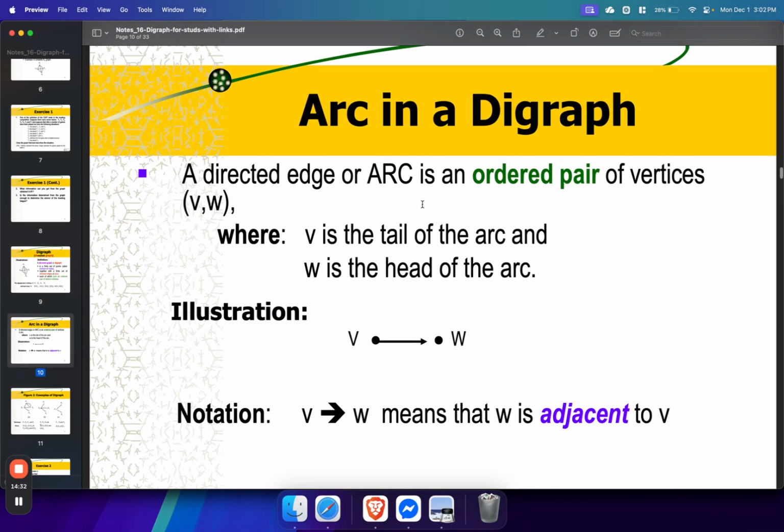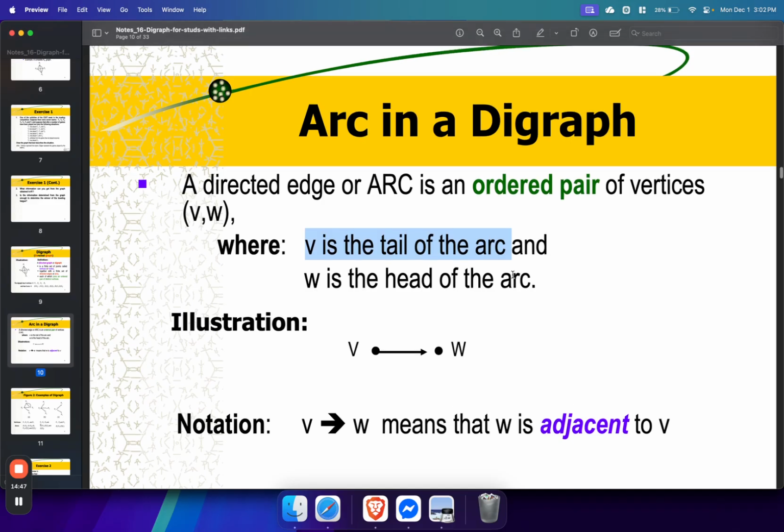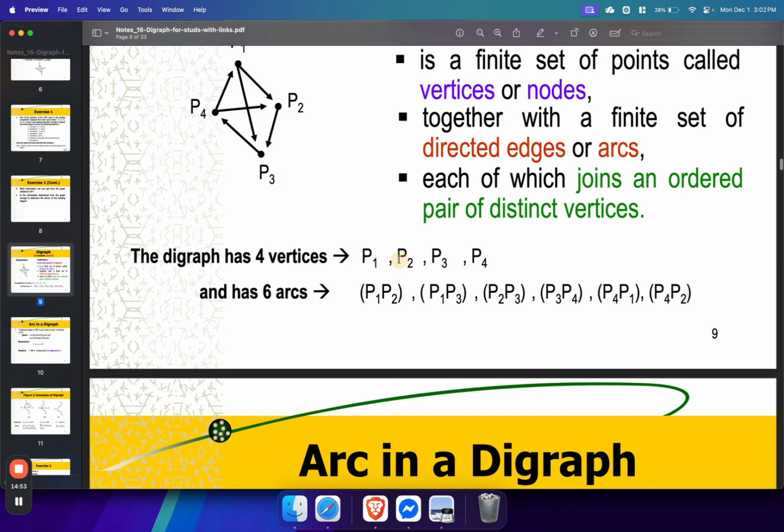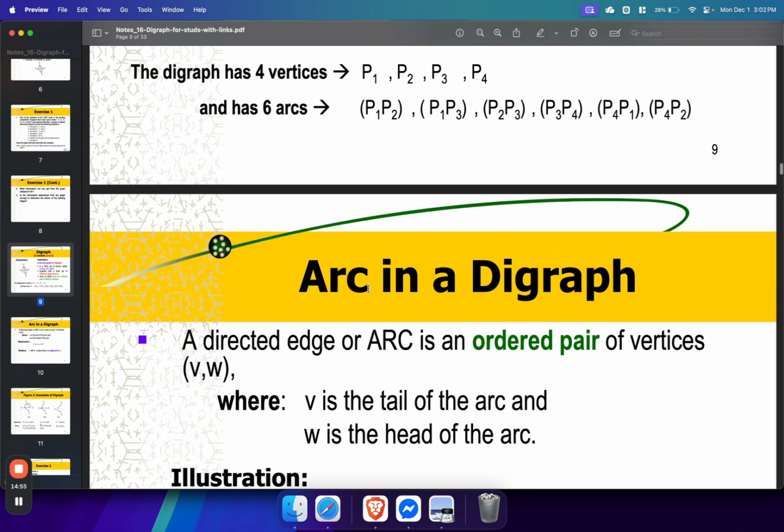So an arc in a digraph, a directed edge or an arc, is an ordered pair of vertices, VW, where V is considered to be the tail of the arc and W is the head of the arc. So that you don't get confused, an ordered pair is just two different vertices, like so, P1 and P2. So think of VW as just generic variable names.